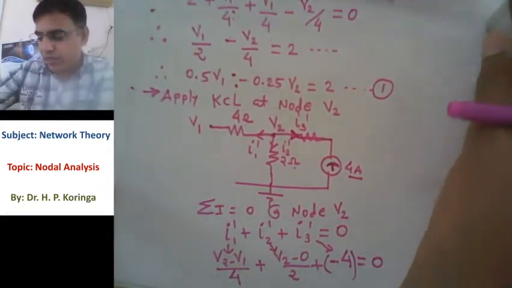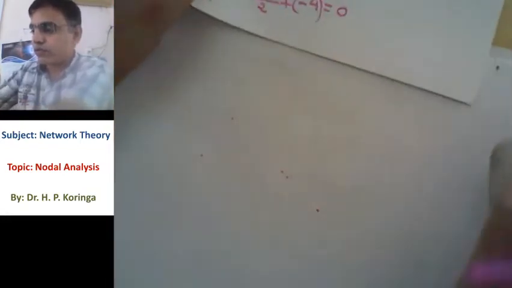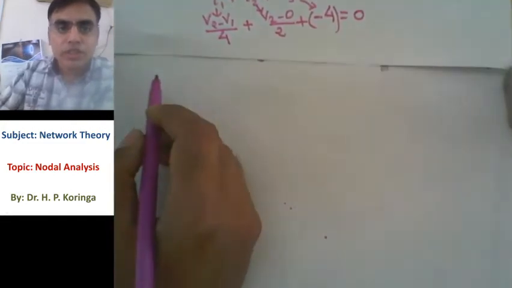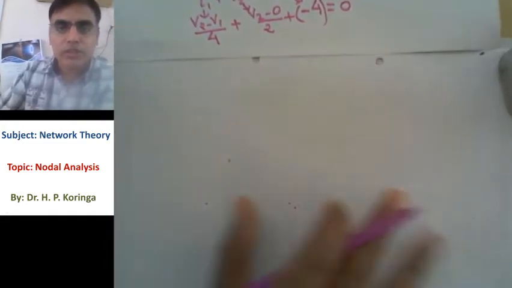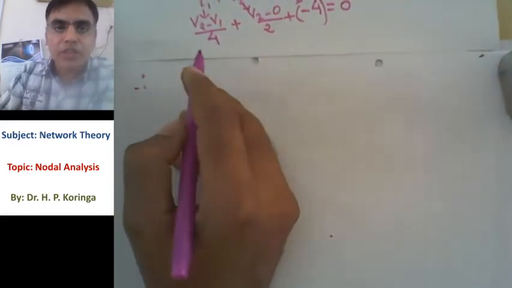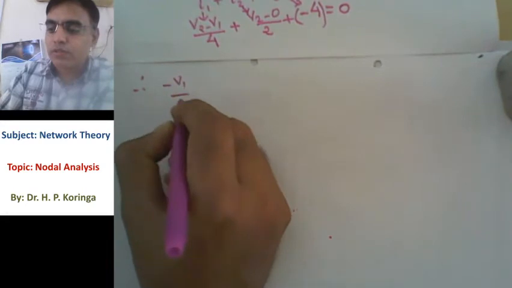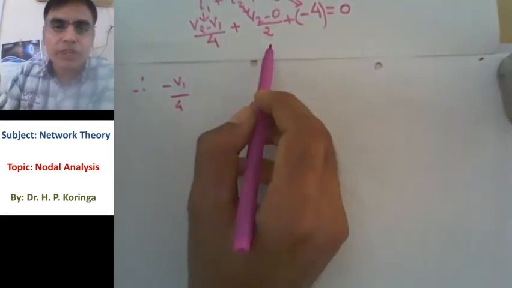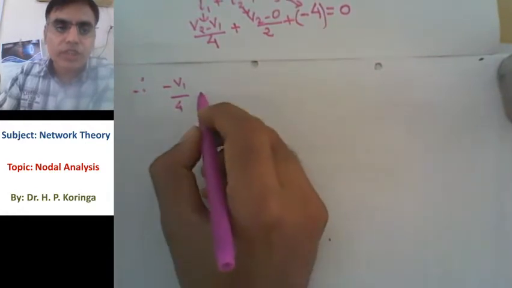Let's simplify it and write the equation. So in our equation at node V2, we have minus V1 divided by 4, and V2 divided by 4 and V2 divided by 2. So let's take the LCM.